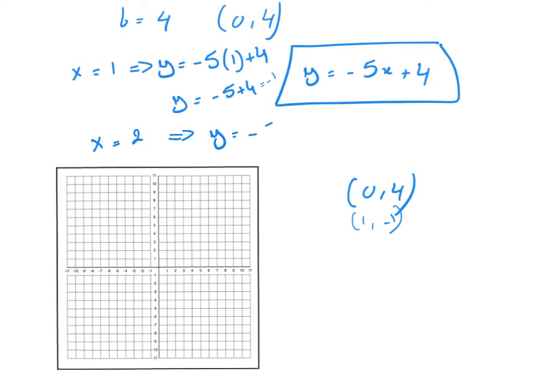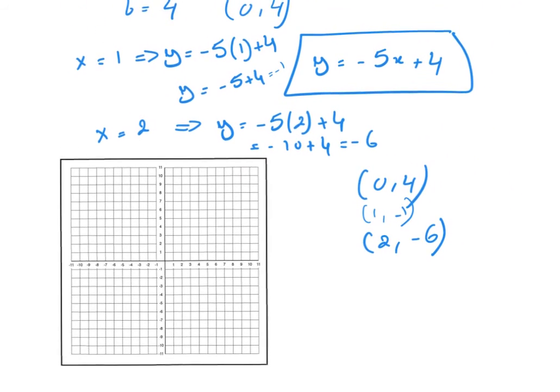I get -5 times 2 plus 4, which is -10 plus 4, which is -6. So when x is 2, y will be -6.